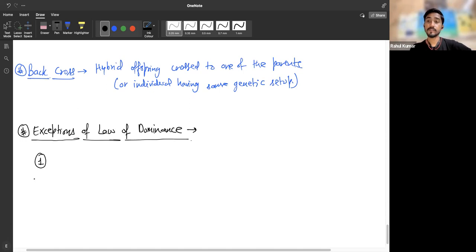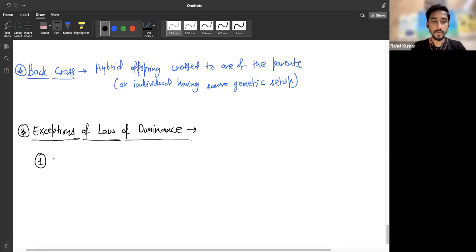Now, this was later figured out that whenever there are two traits, Mendel said that one of the traits will always dominate and express itself in the presence of another trait in a heterozygous condition, right? This is the definition of law of dominance. But scientists realized over time that this is not holding true for all the traits in all life forms.